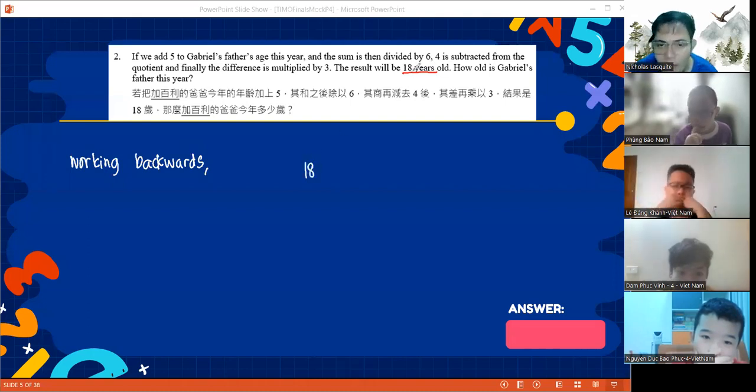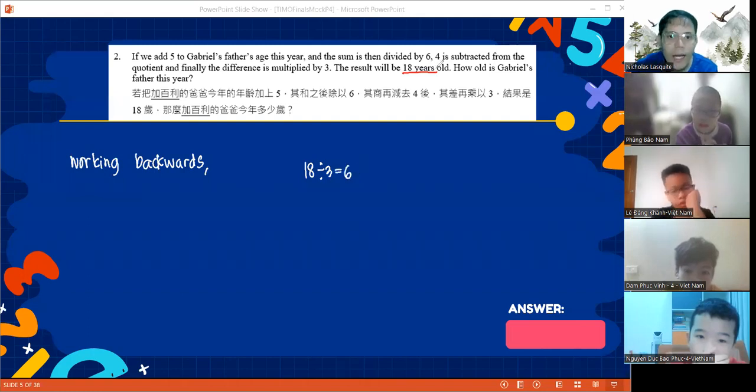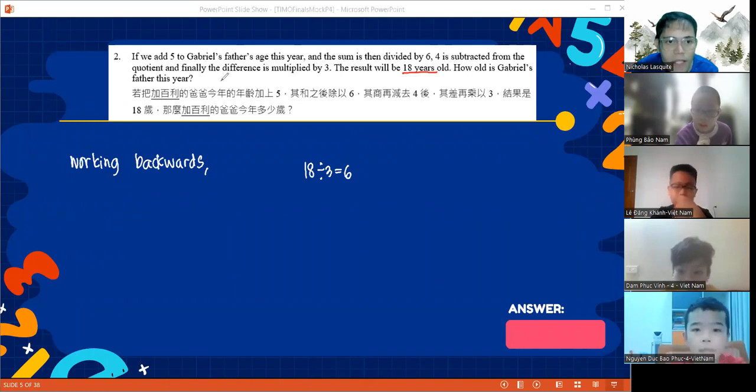The operation before that is multiplied by 3, so working backwards, it's divided by 3, which is 6. And then the next one here is what? 4 is subtracted from the quotient, and finally the difference is multiplied by 3, right?